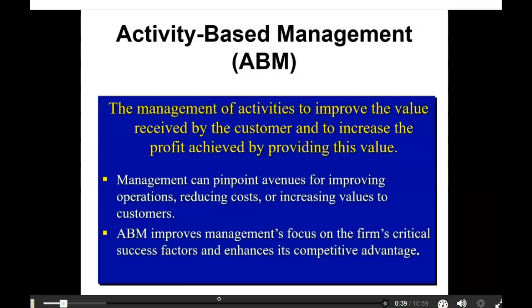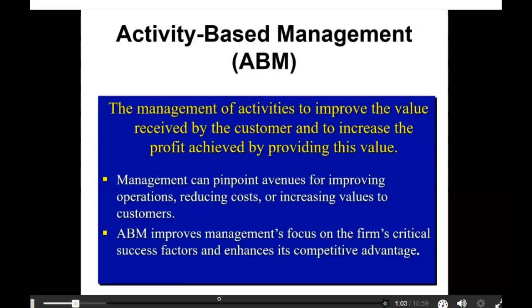And just like in activity-based costing, we can take the overhead costs, put them in pools, look at the activities that drive the cost in that pool, and then manage those activities. Instead of focusing on the cost, focus on the activities.